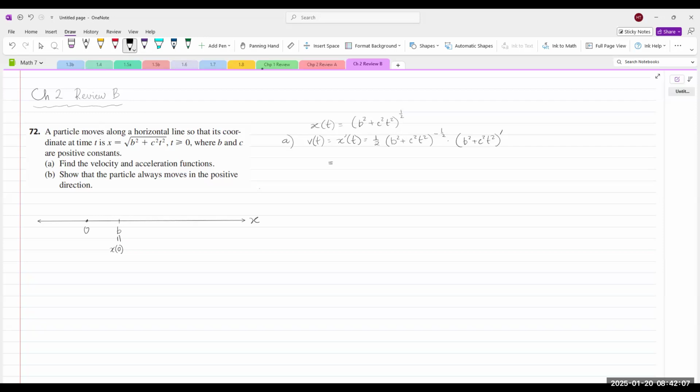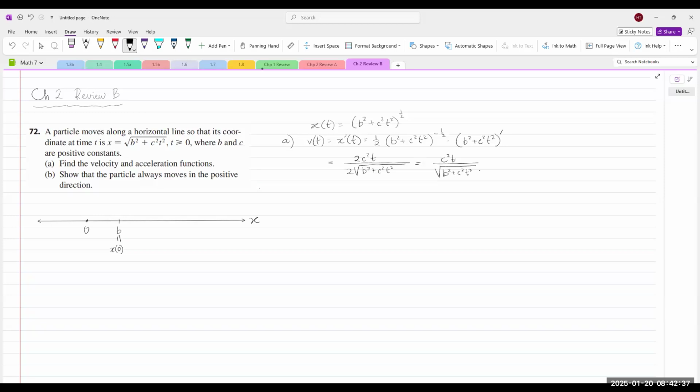And then there will be 2c squared t, 2c squared t over 2 square root of b squared plus c squared t squared. I can cancel the 2's, so I get c squared t over square root of b squared plus c squared t squared.